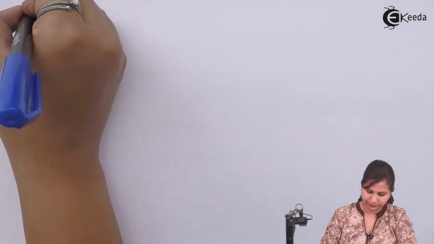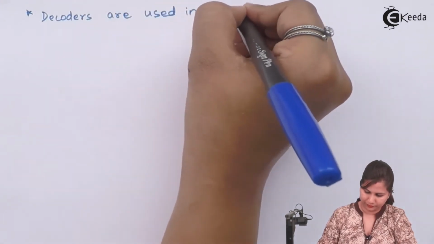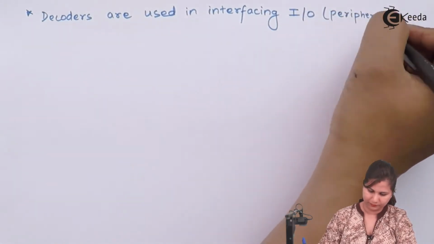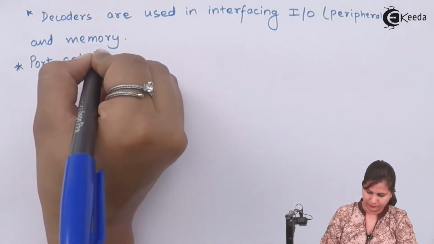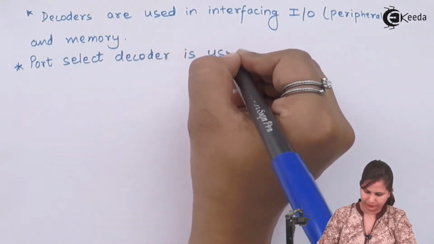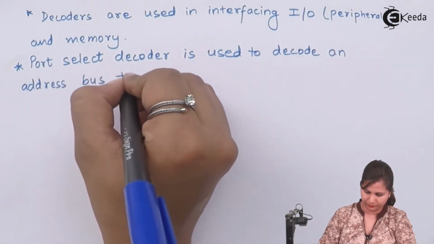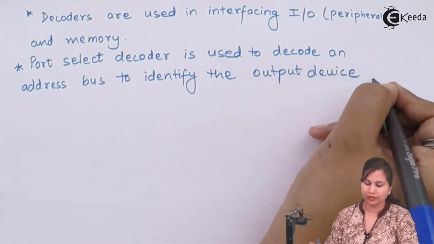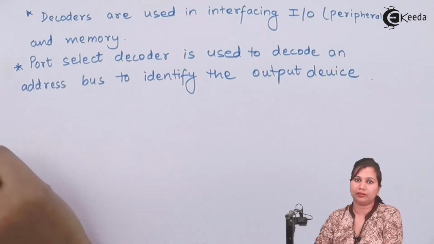Now, what's the use of decoders in a microprocessor? Decoders are used in interfacing the input/output and the memory with the microprocessor.